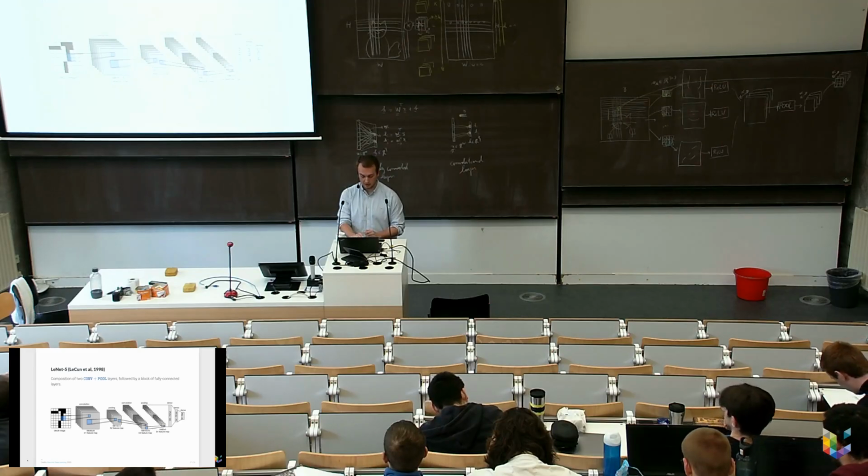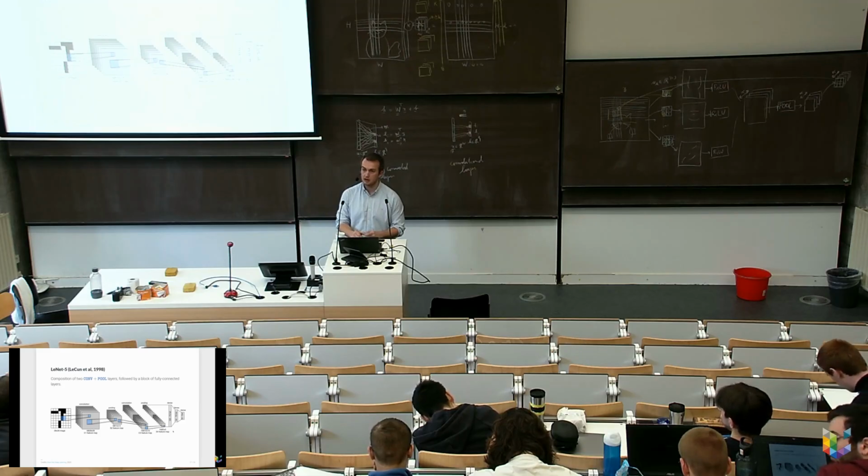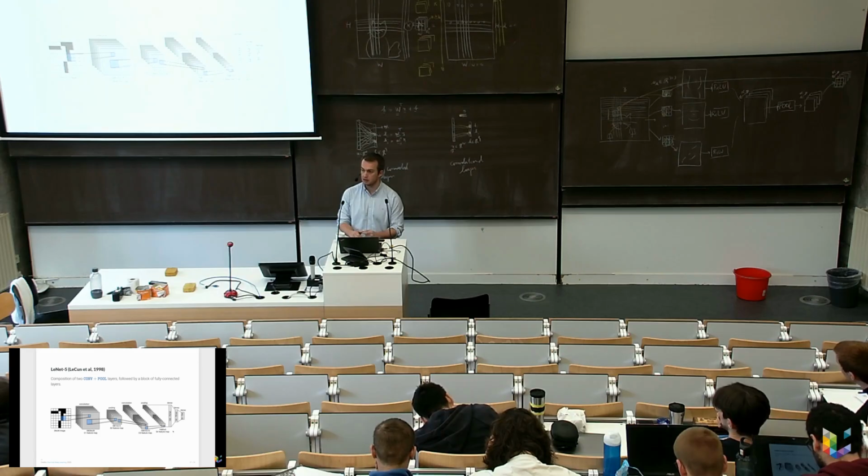So you see that we have 6 kernels there, and then 16, and you will see later on other variations of this architecture where, as we go deeper, we increase this number of kernels. Do you have an idea why this is a good idea? Why it's a good idea to increase the number of kernels as you go deeper in the architecture?